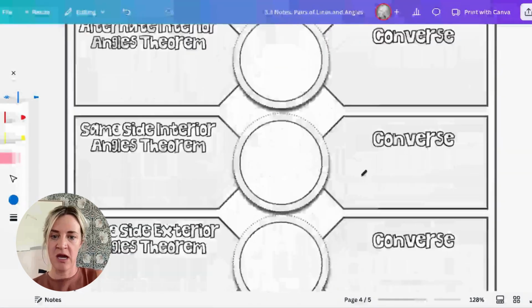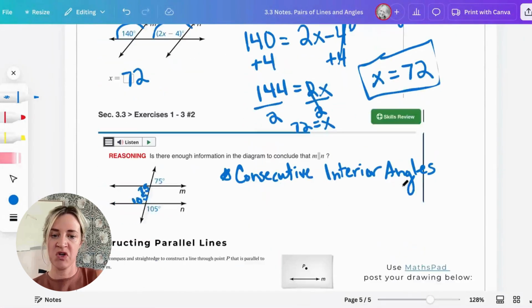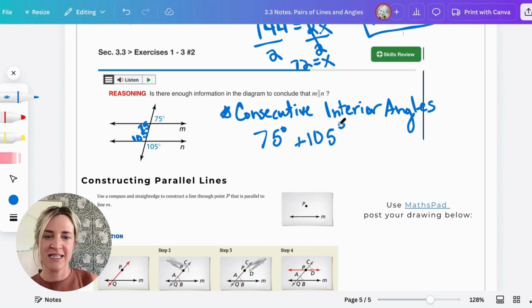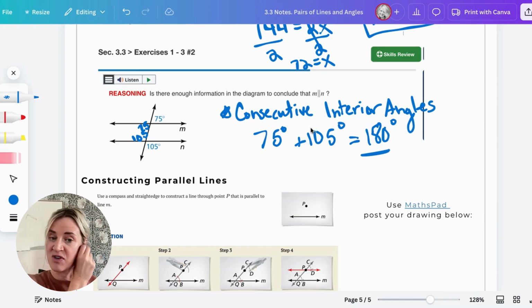So let's check that. Supplementary means their sum is 180. So 75 plus 105, is that going to equal 180? It sure does. So the lines are parallel, and the answer in this case is yes.